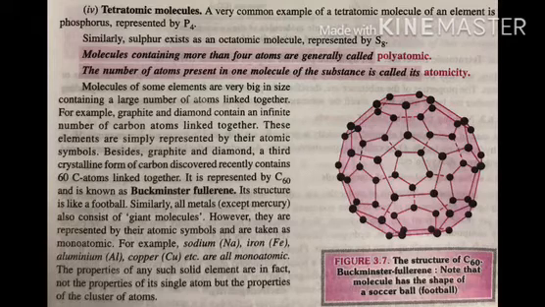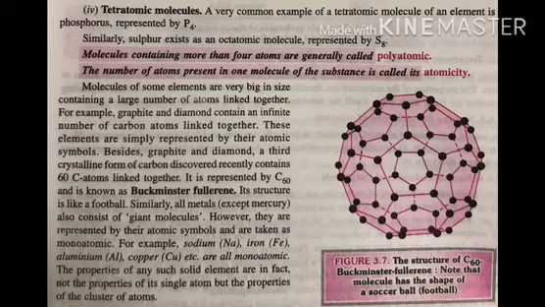Besides graphite and diamond, a third crystalline form of carbon discovered recently contains 60 carbon atoms linked together. It is represented by C60 and is called Buckminsterfullerene. Its structure is like a football.